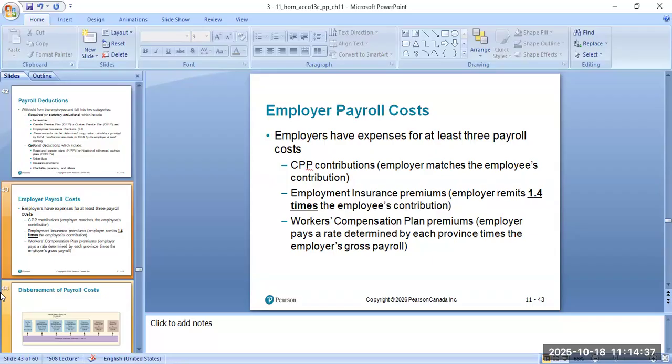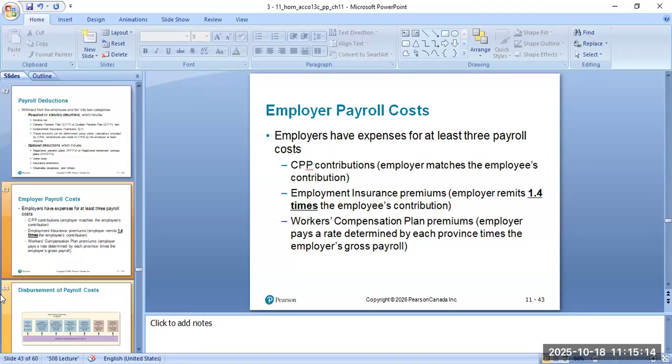He has to match the deduction for Canada Pension Plan, which is taken from the employee, dollar to dollar. Plus, for the employment insurance premium, which is taken from the employee, the employer has to add 1.4 for every dollar deducted. So if we're deducting $1 from the employee, the employer has to add $1.40.